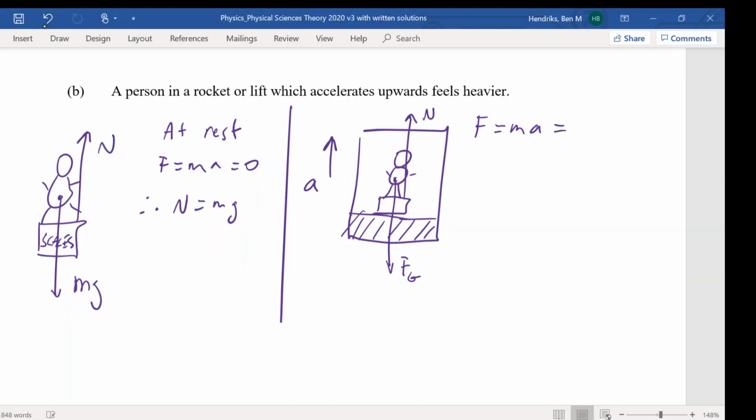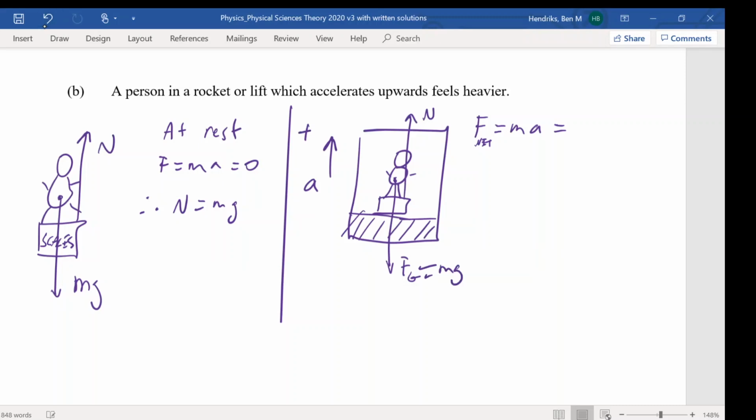remember that the net force is equal to mass times acceleration. And remember when I was explaining the forces, the net force is equal to the sum of all forces. So let's say that upwards is positive.